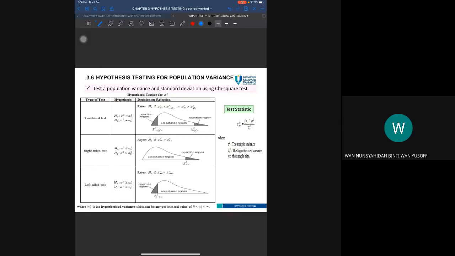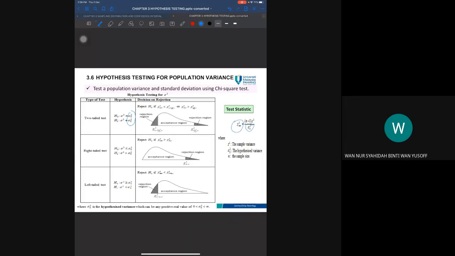So for the hypothesis, you can choose whether you want to write it as a variance or as a standard deviation. Both will be accepted. For the chi-square, the sigma naught here must be some value, if not it will be undefined for your chi-square test.